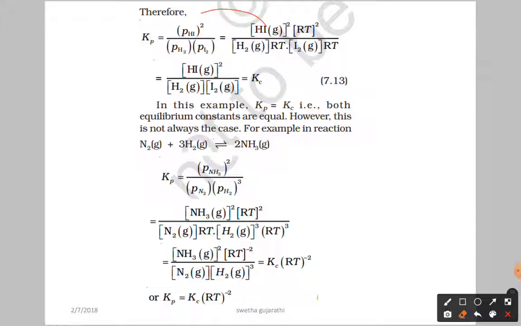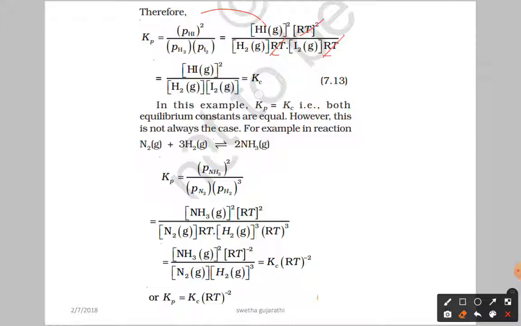So I simply take RT out. In simplification, we have RT square in the denominator and RT square in the numerator, so the RT gets cancelled. What you are left with is only [HI] square over [H2][I2].